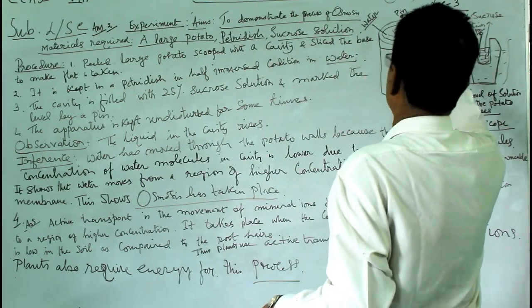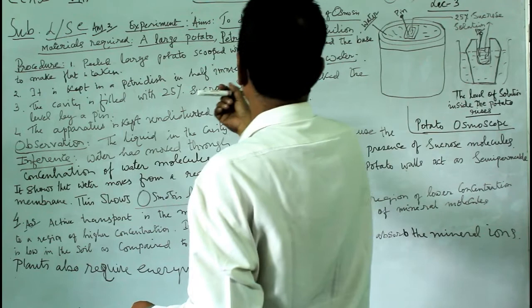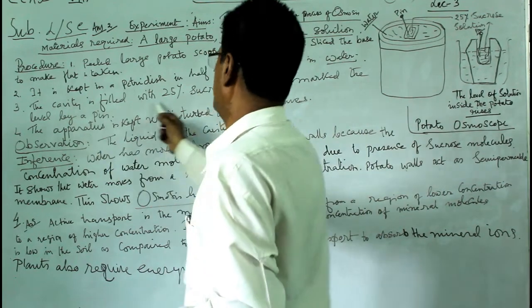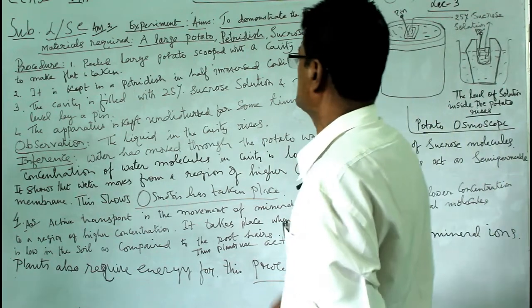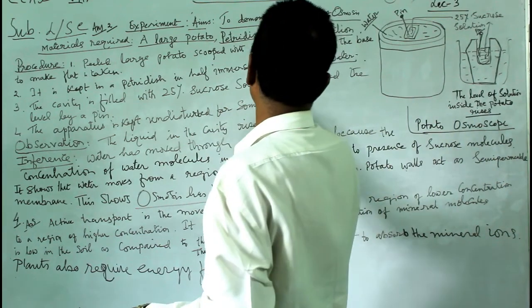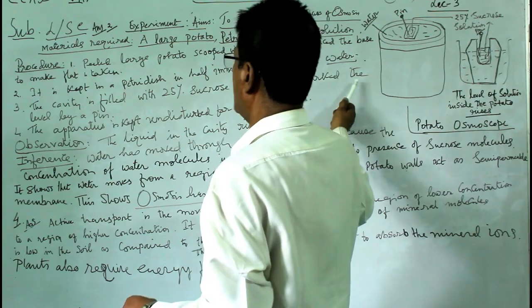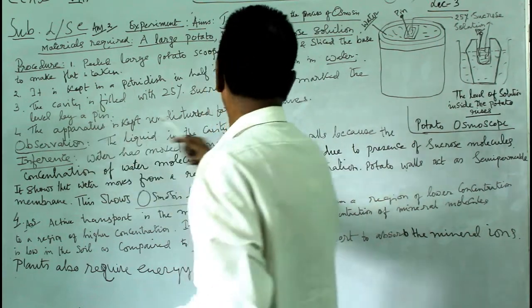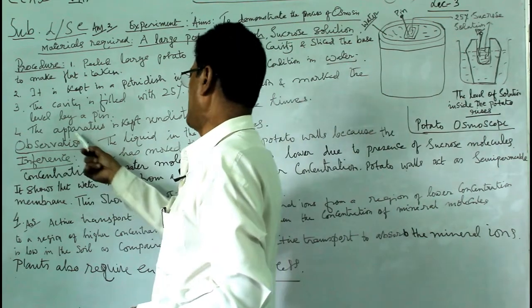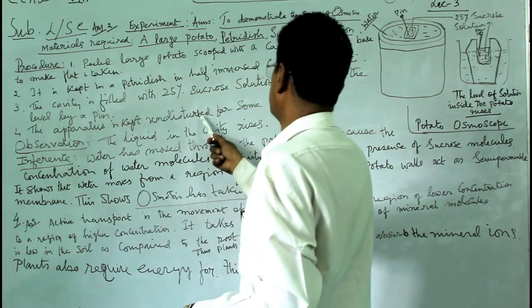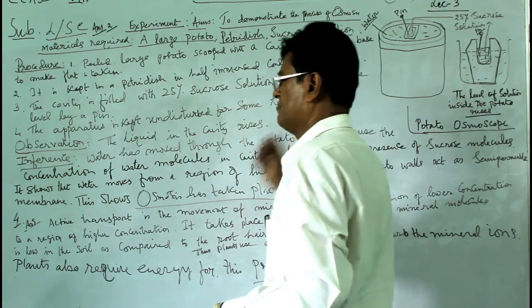The cavity is filled with 25% sugar solution, sucrose solution, and mark the level by a pin. This is a pin which marks the level. The apparatus is kept undisturbed for some time.